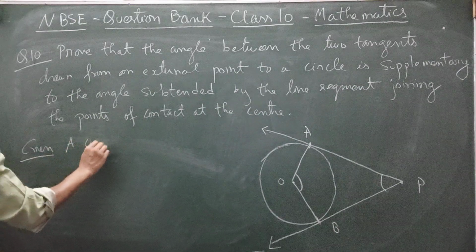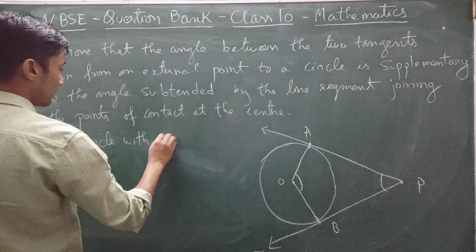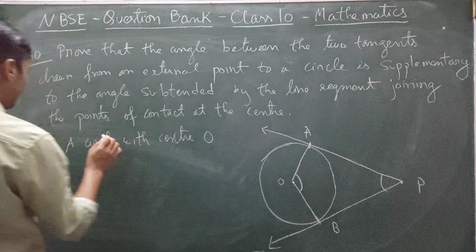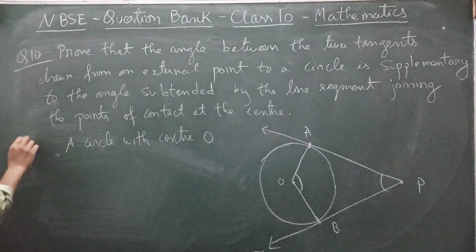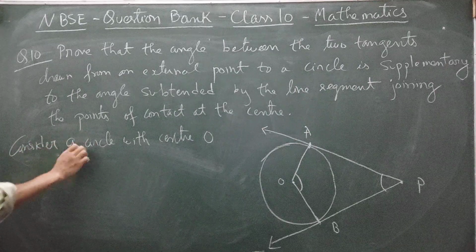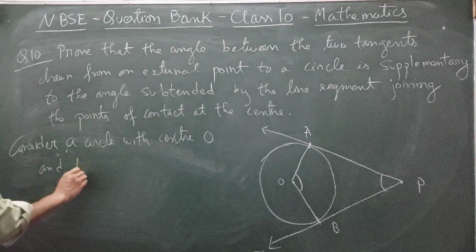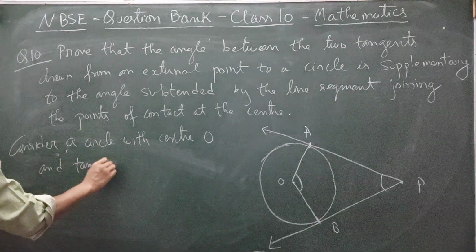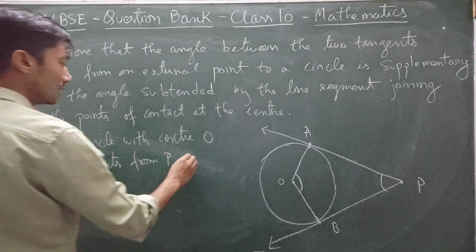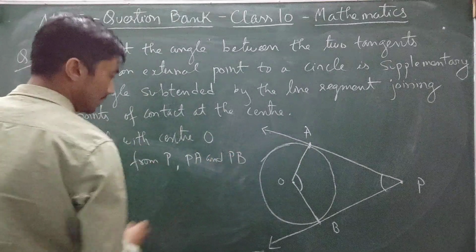Given: consider a circle with center O and tangents from P, PA and PB.